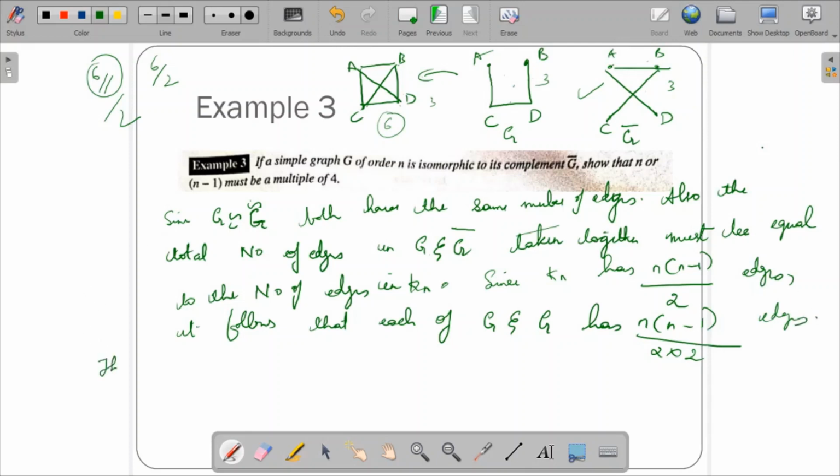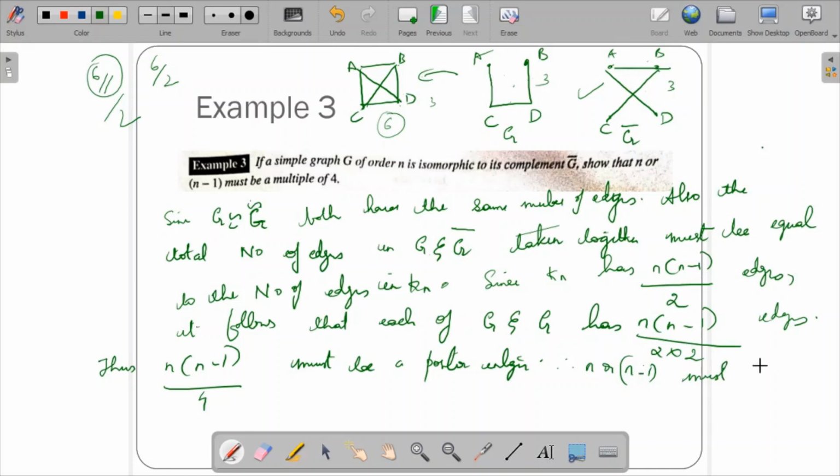Thus n into n minus 1 divided by 4 must be a positive integer. Therefore n or n minus 1 should be divisible by 4, a multiple of 4, because you should not get a decimal, because then it is a half edge. So this is regarding the example 3.